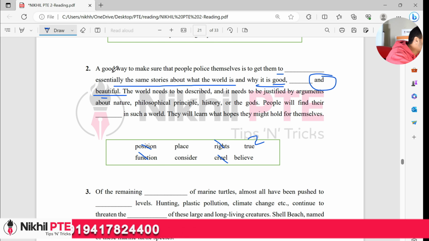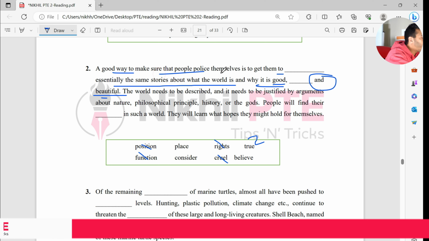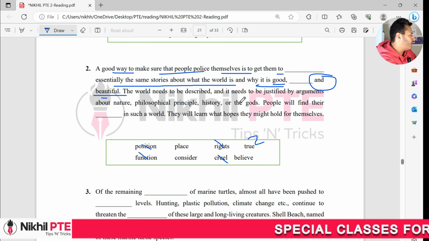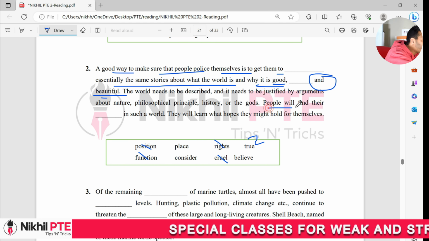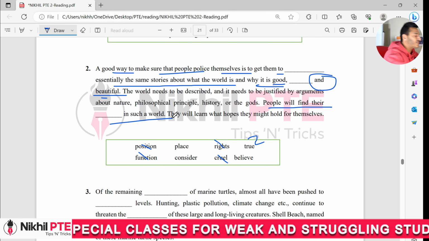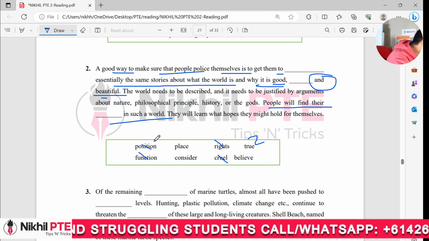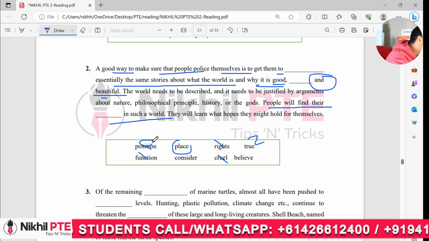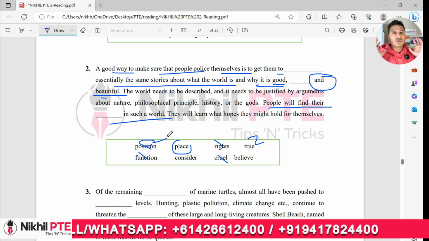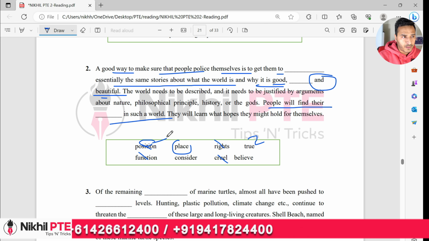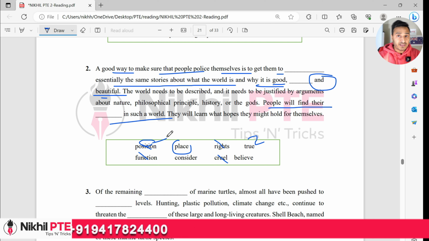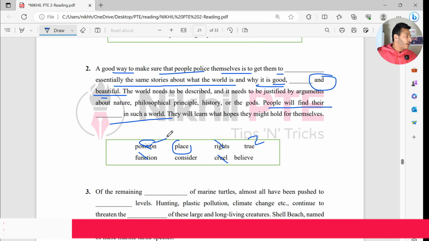So understand the situation. A good way to make sure people police themselves is to get them to place essentially. For example, you are putting 'place' here, no problem. Just go further. People will find their dash in such a world. You have to find your space. Here we have two options, position and place. Position, when you are in a competition, right? When you are competing with someone, then you can use this word position.